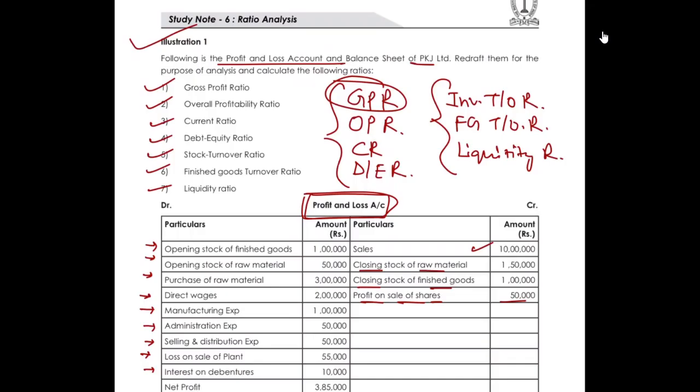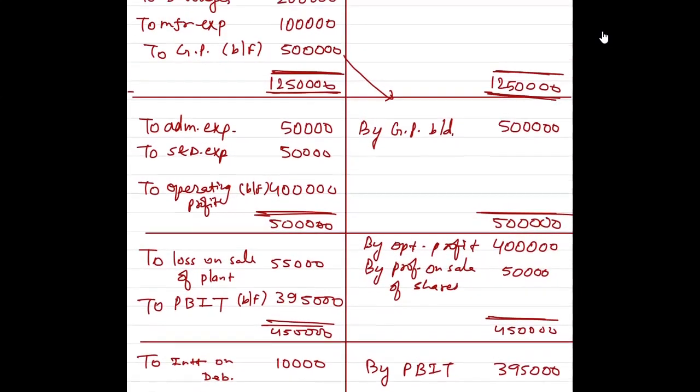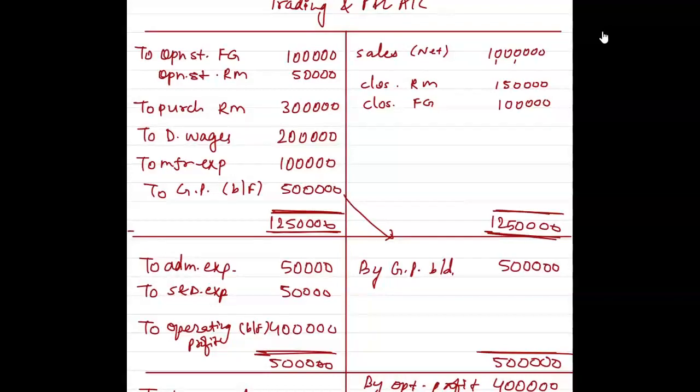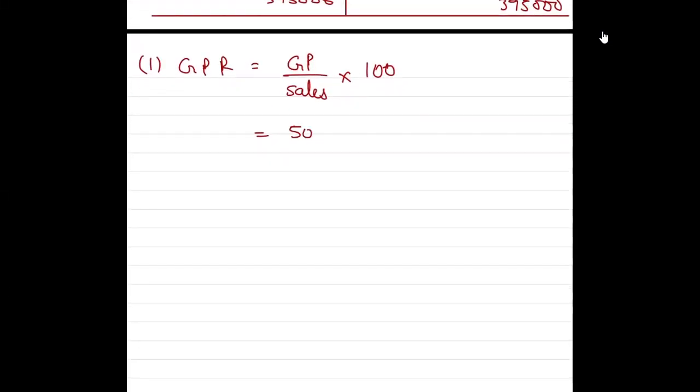In my solution, the gross profit was 5 lakhs and the sales are 10 lakhs. So 5 lakhs divided by 10 lakhs, multiplied by 100, is equal to 50%. That is my first answer, the gross profit ratio, which they have asked for.